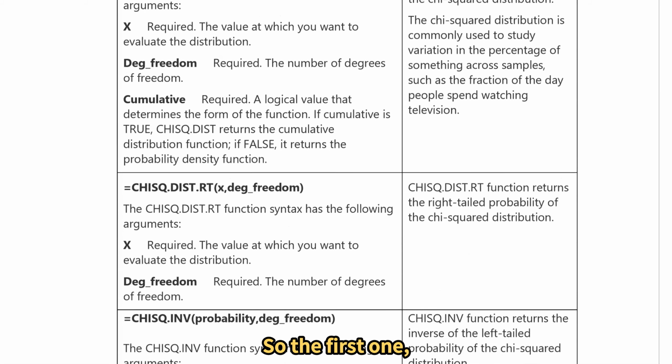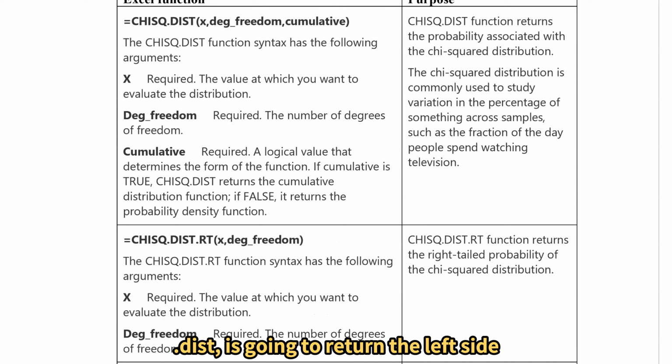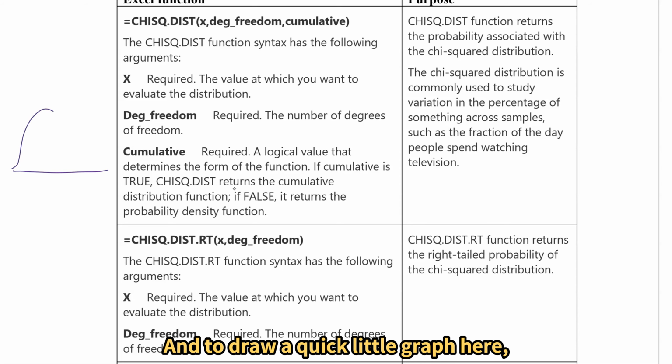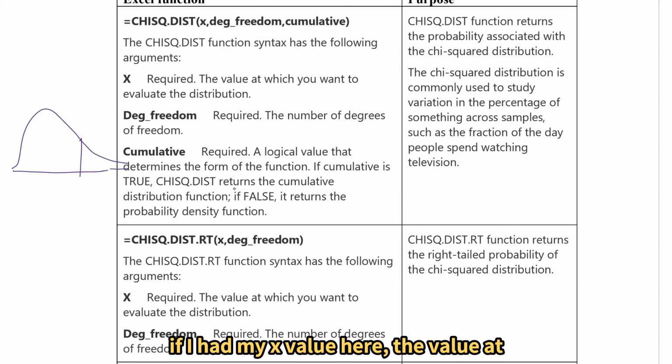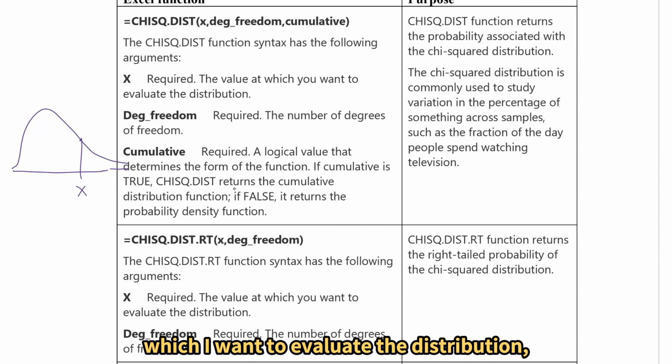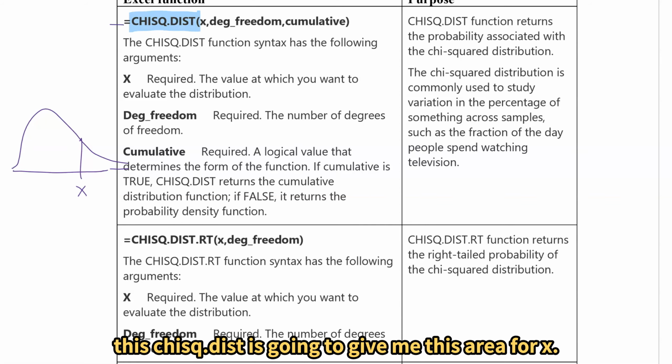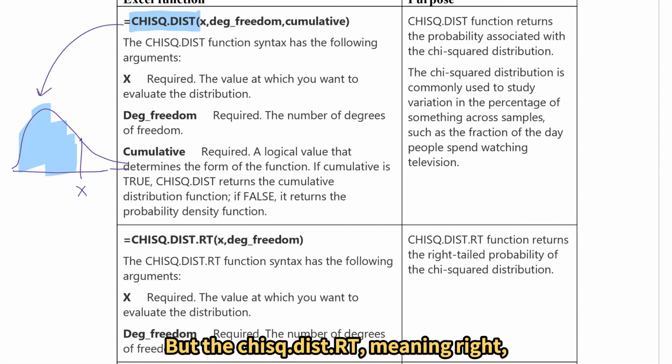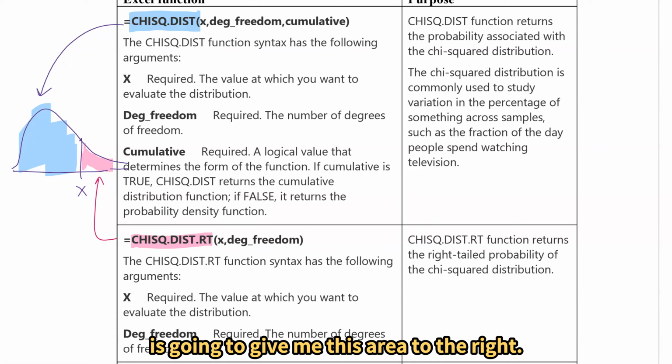chi-square.dist.right. So the first one, .dist, is going to return the left side probability of our chi-square distribution. And to draw a quick little graph here, if I had my x value here, the value at which I want to evaluate the distribution, this chi-square.dist is going to give me this area for x, but the chi-square.dist.rt, meaning right, is going to give me this area to the right.